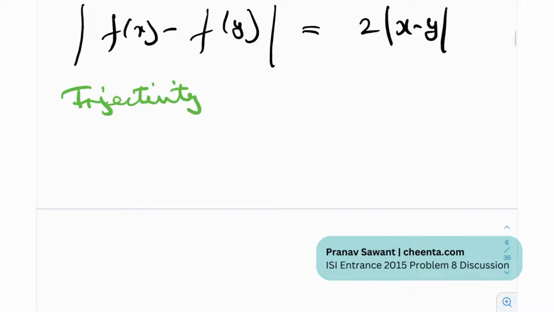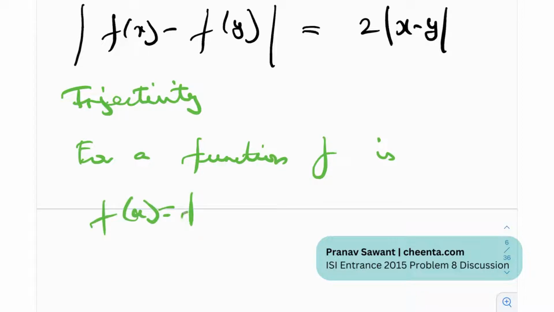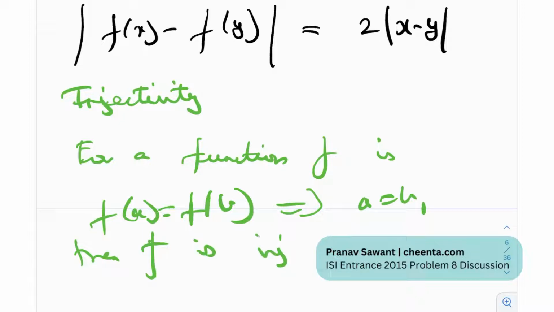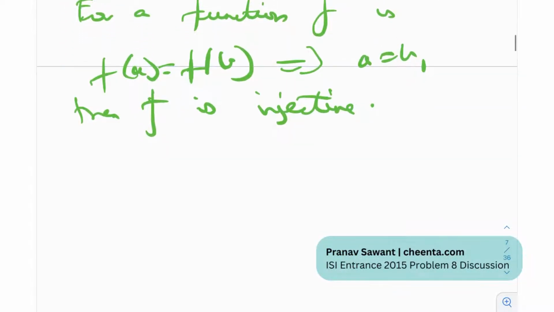For a function f, if f of a is equal to f of b, and that implies a is equal to b, then f is said to be injective. One-one. Great.